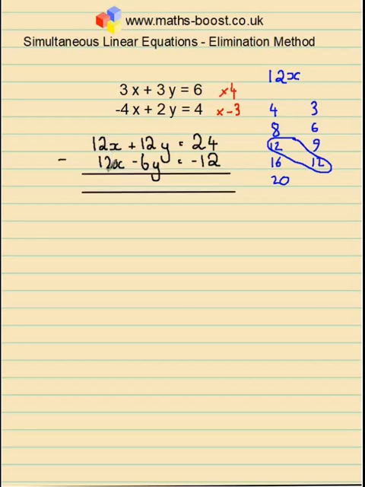12x take away 12x is nothing. And I'm just going to stop here because this is actually the most dangerous step in the whole process. It's where you're most likely to go wrong. So I'm going to carefully write out the subtraction like this. I'm going to take the top value and subtract from it the bottom value. So I'm doing my working out very clearly.